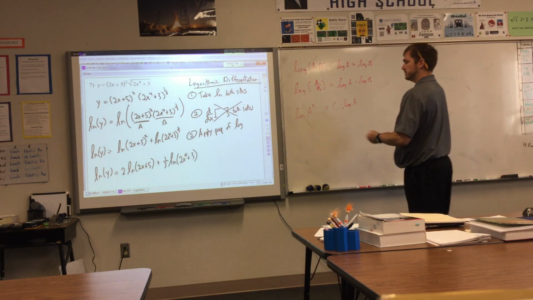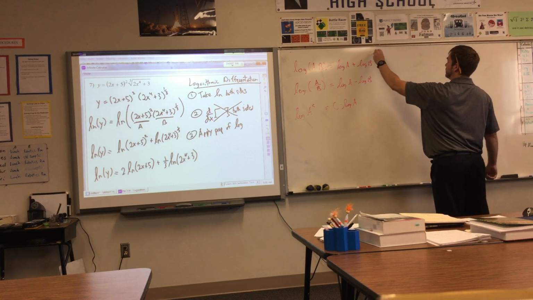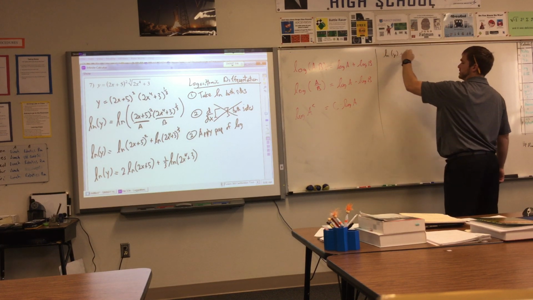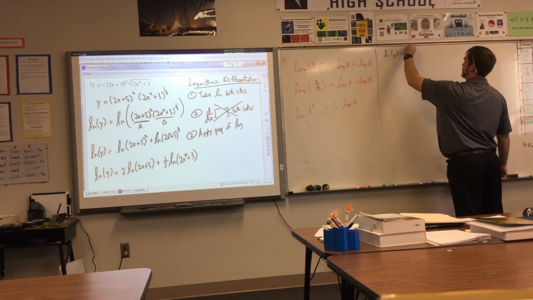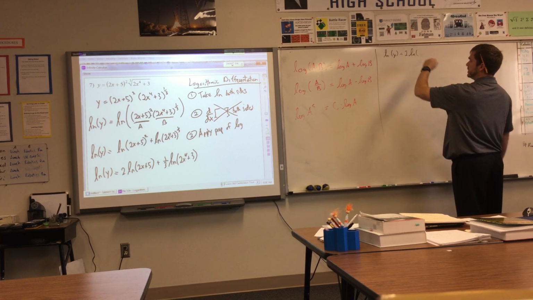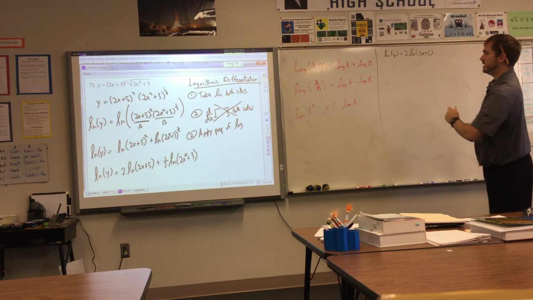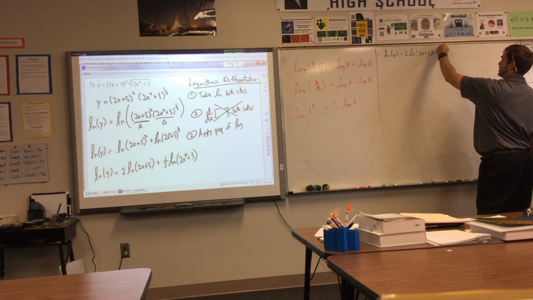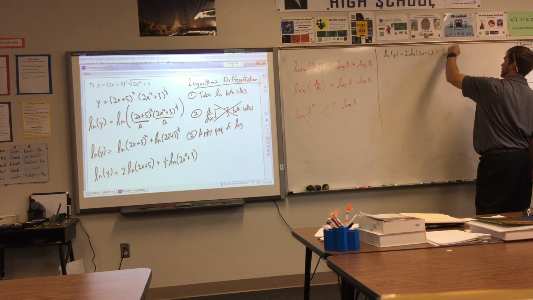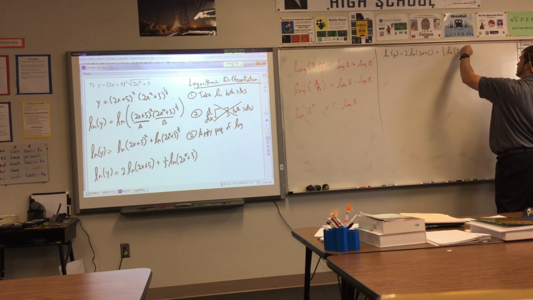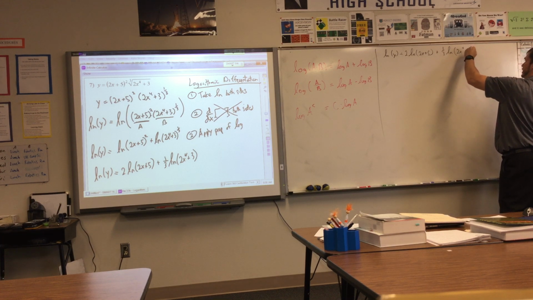And I'm probably going to carry this over here. I'm just going to rewrite that up here: natural log of y equals 2 natural log of (2x plus 5) plus 1/3 natural log of (2x to the 4th plus 3). So I'm just rewriting that down here.